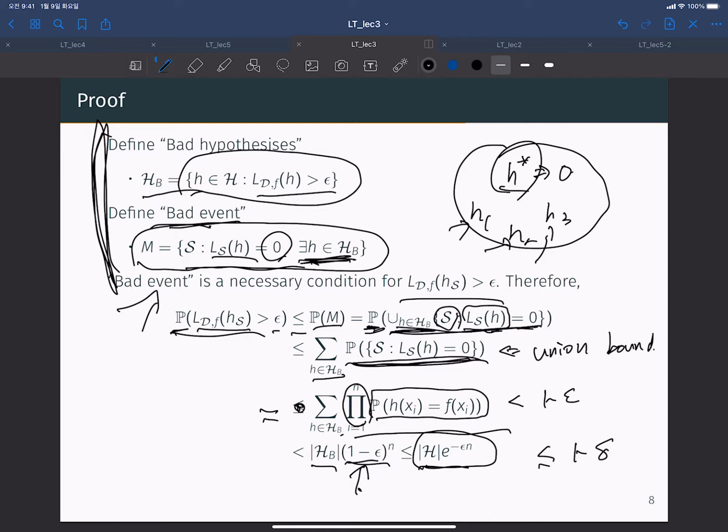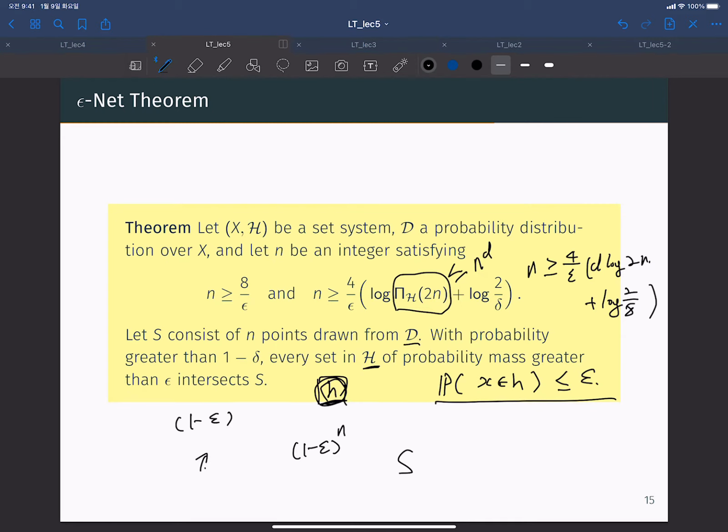And also, we can upper bound the number of hypotheses by the cardinality of the hypothesis set. From this, we can find the sample complexity of a finite-size hypothesis set, which was PAC learning we discussed in week 3.